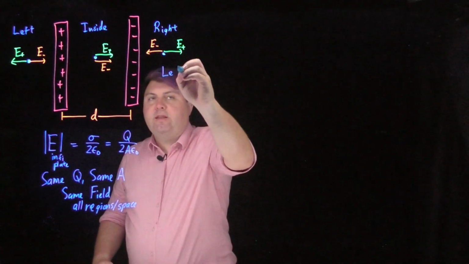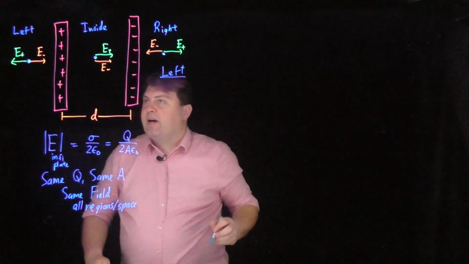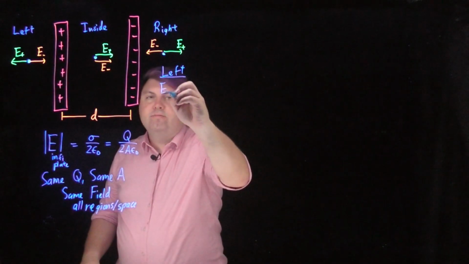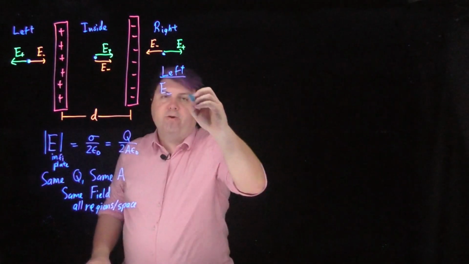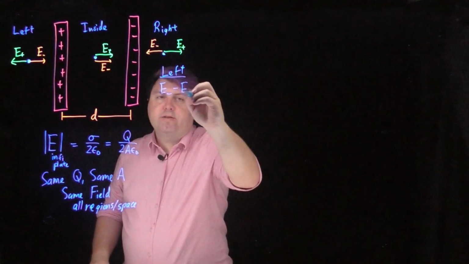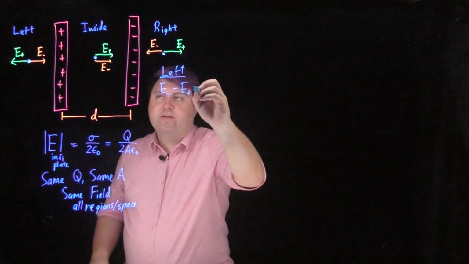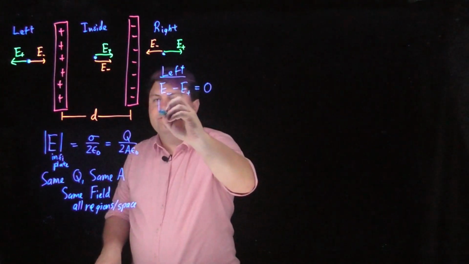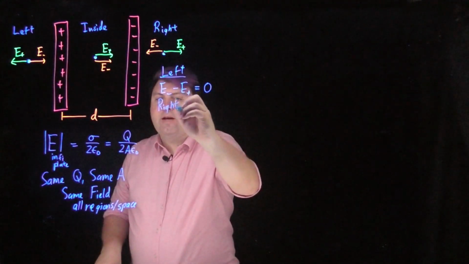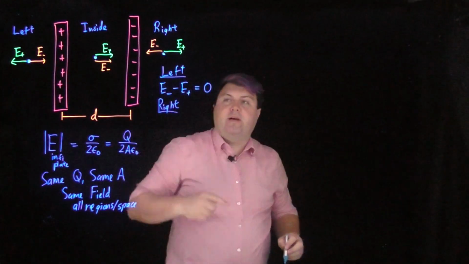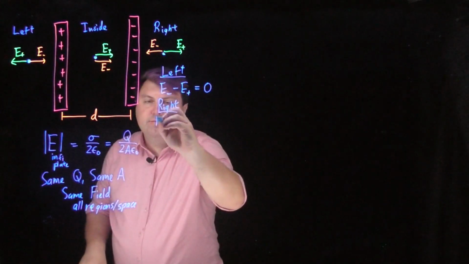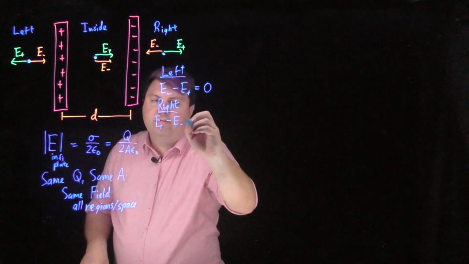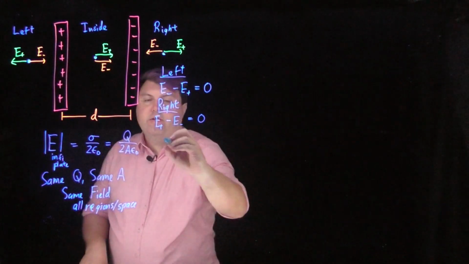Looking at the left side, E minus is pointing in the positive direction and E plus is pointing in the negative direction, so E minus minus E plus. Since they're the same magnitude, I get 0. For the right side, E plus is now moving in the positive direction and E minus is in the negative direction, so I get 0.